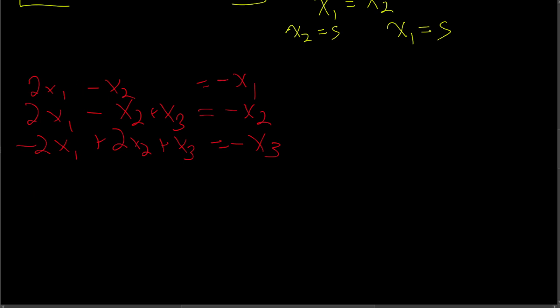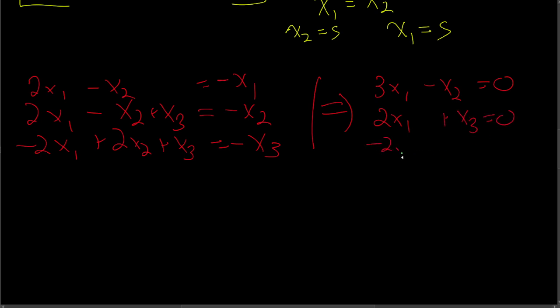I'm immediately going to put this in matrix form. Let me first transform by bringing across the x1s. So I'm going to get 3x1 minus x2 equals 0. I'm going to get 2x1 plus x3 equals 0.